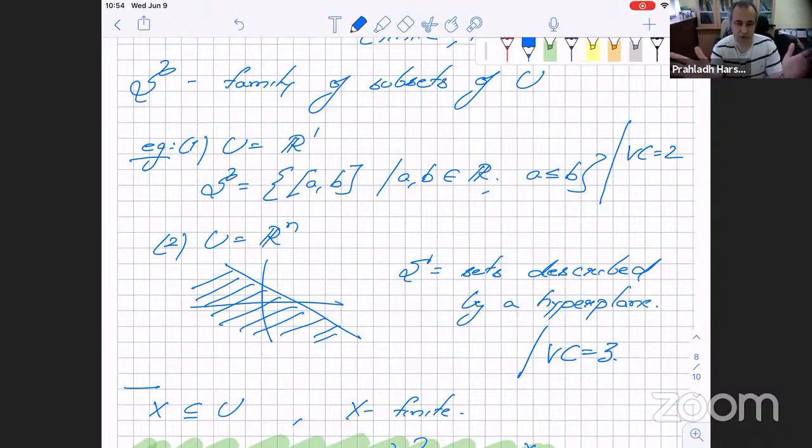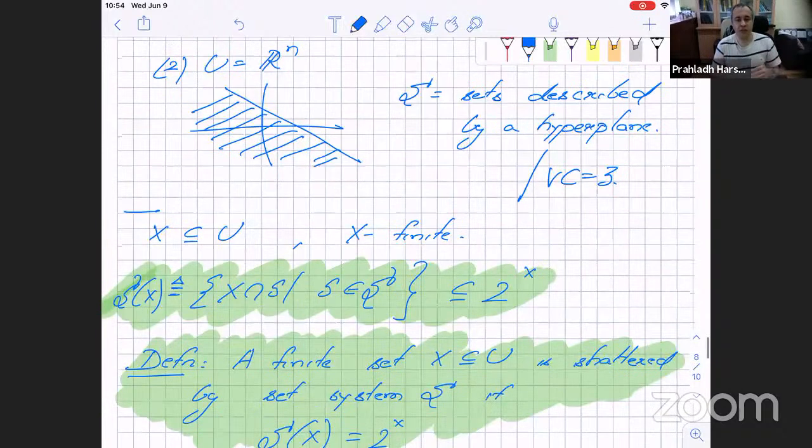That's when you call it shattered. VC dimension is the largest set size which is shattered by this set system. If there is no largest, VC dimension is defined to be infinite.